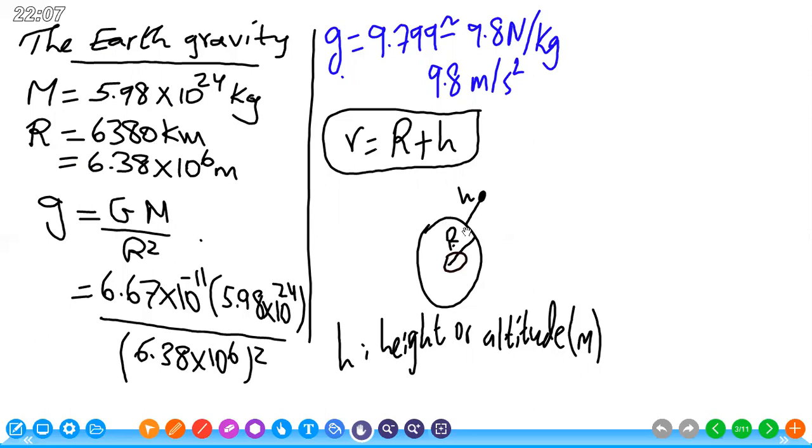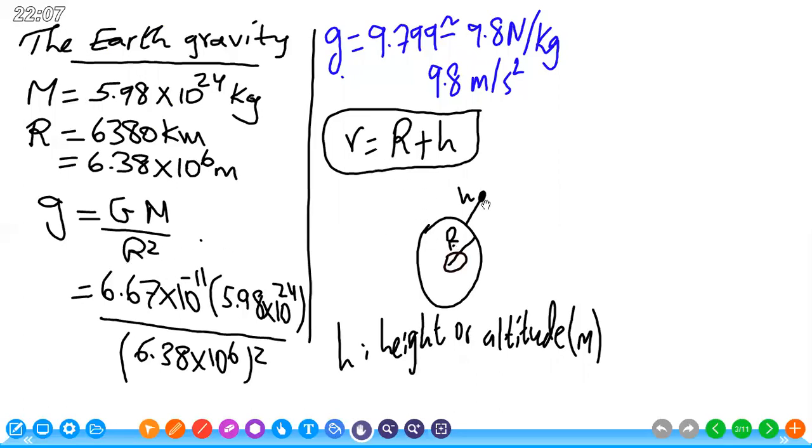Here, one more thing. We know that if the object starts to be raised in air, at a given height, as much as the object is going away from the Earth's surface, its gravity will decrease until somewhere in space it becomes weightless, meaning no more gravity. So in this case, as the distance increases away from the Earth, I can replace capital R by small r, which is the distance.